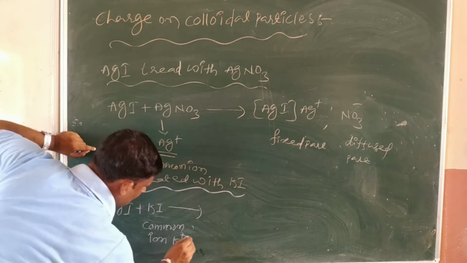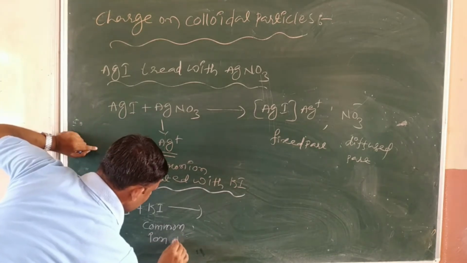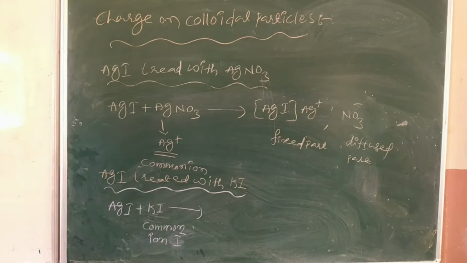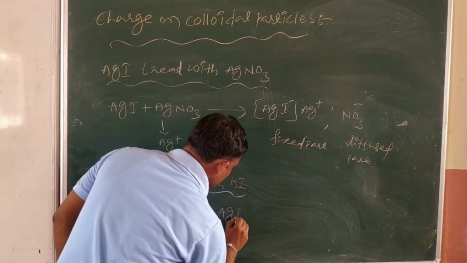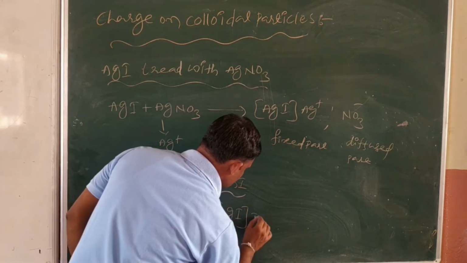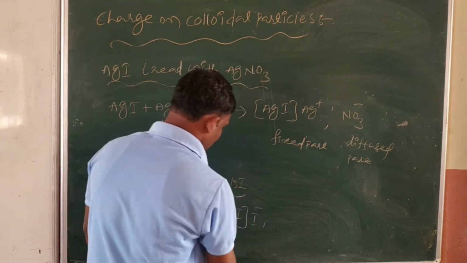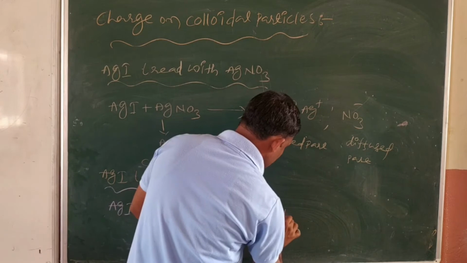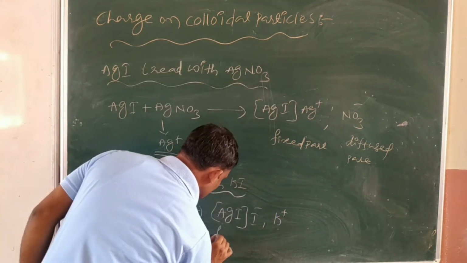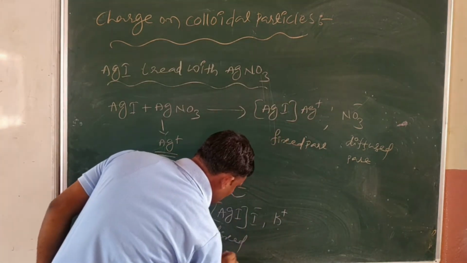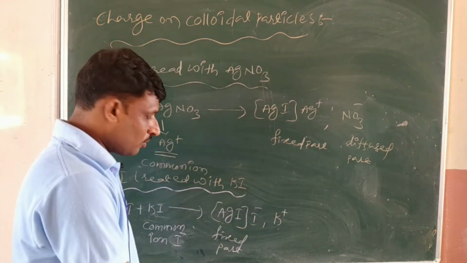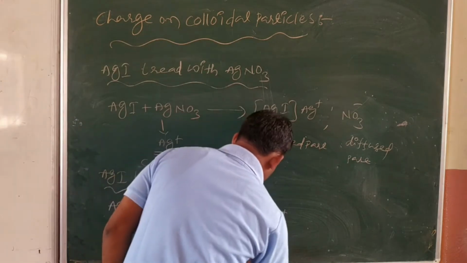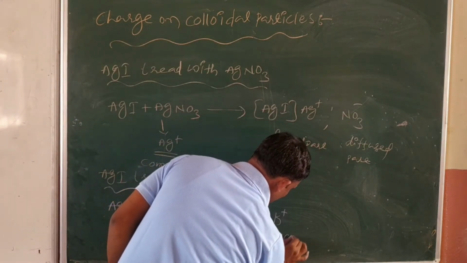Then a negative sol is forming: AgI with I minus is the fixed part, and K plus is the diffused part. Through the fixed part, the charge is carried. Are you getting my point?